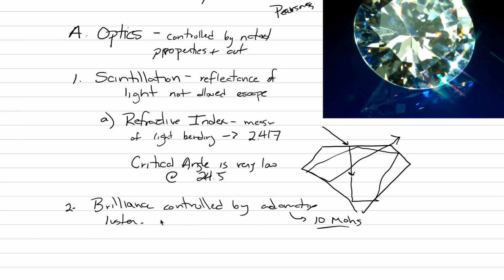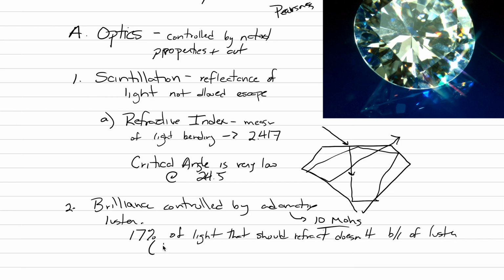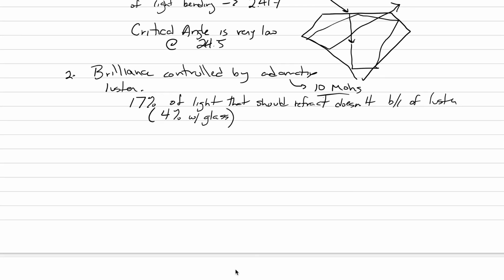So 17% of light that should refract, basically enter the stone or exit the stone, doesn't, because of luster. This is opposed to only 4% with glass. So its luster is very important in terms of how shiny and sparkly the stone is.